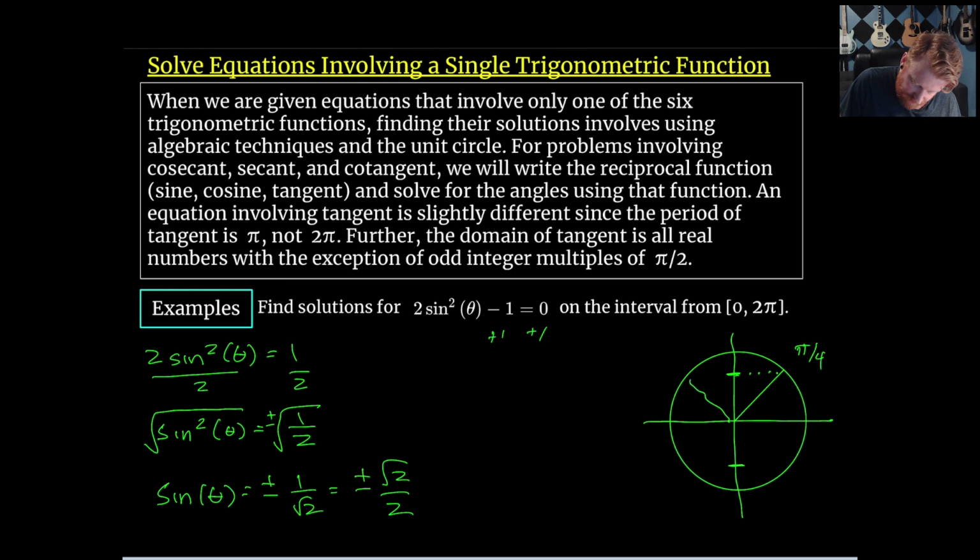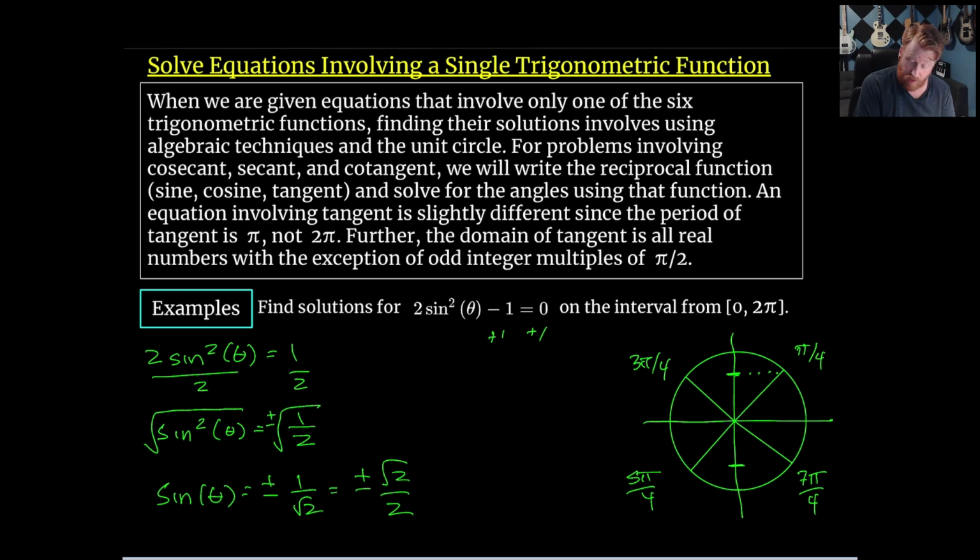We're going to be looking at this angle over here, which is going to give us 3 pi over 4. We're going to be looking at this angle down here, which is 5 pi over 4. Or we'll be looking at this angle over here, which is 7 pi over 4.